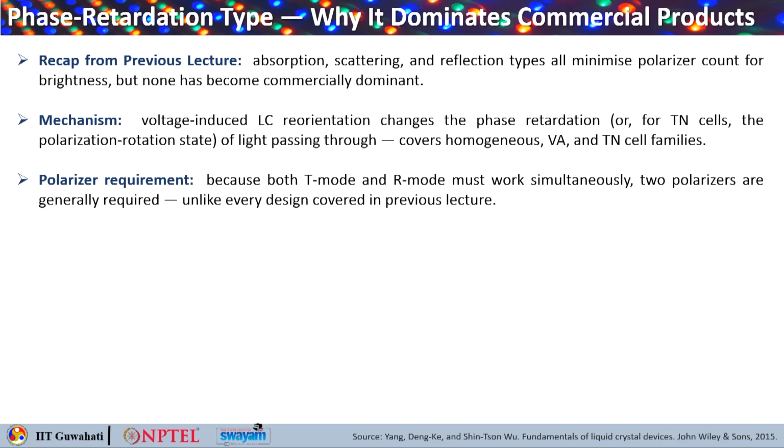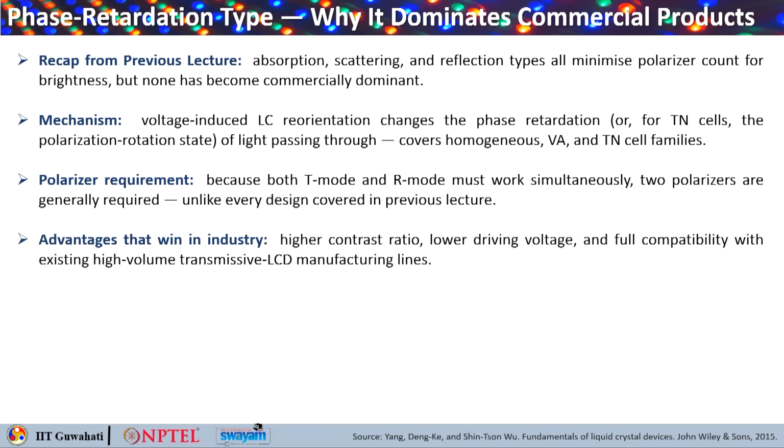Now what is the requirement for the two polarizers? So you have understood that because T mode and R mode must work simultaneously, you generally require two polarizers. Because a clean bright dark switch by retardation or polarization rotation fundamentally requires analyzing the light's polarization state both before and after the liquid crystal layer.